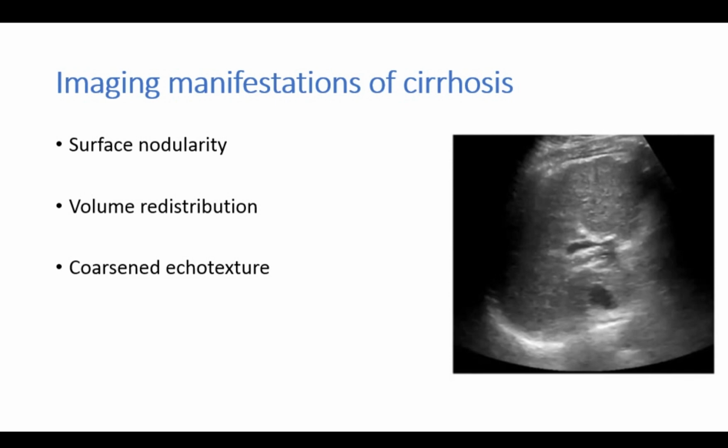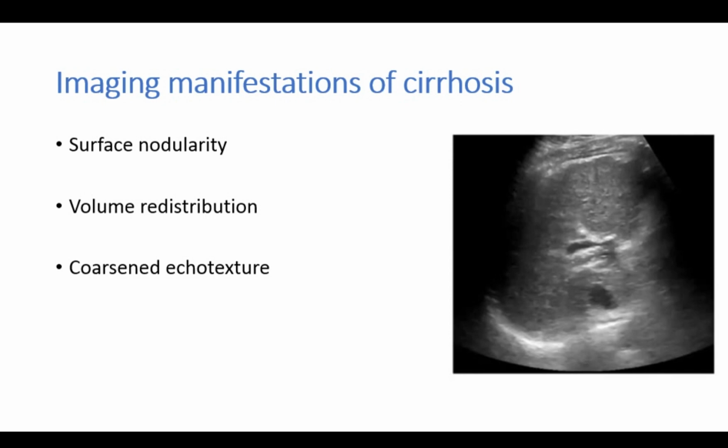Imaging manifestations of cirrhosis. We have many manifestations for liver cirrhosis. Here are some of them. Surface nodularity is the most common, important manifestation. Normally, the surface of the liver should be smooth, but in liver cirrhosis, this surface will become nodular.